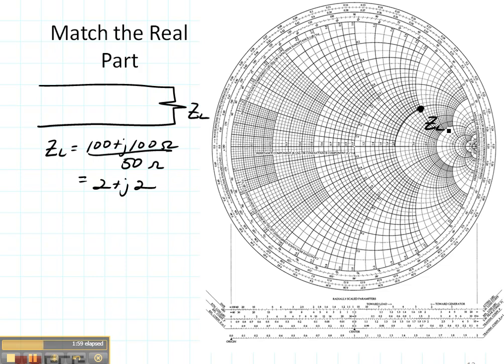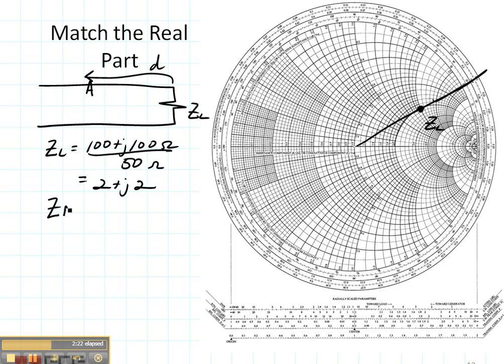I'm going to draw a line out from the center through my point like this because I'm going to use that to tell me how far I want to rotate a distance d. Remember that distance d is going to match the real part. What that means is when I get right here to point A, I want the real part to be 50 ohms.